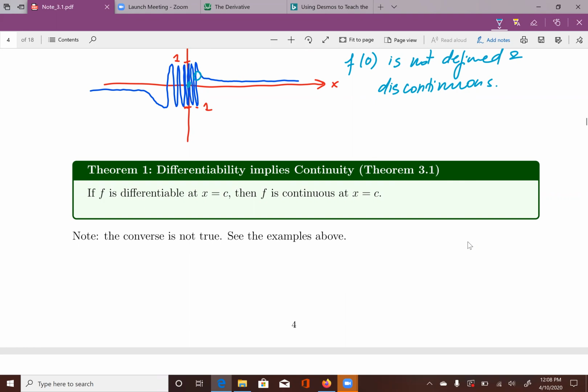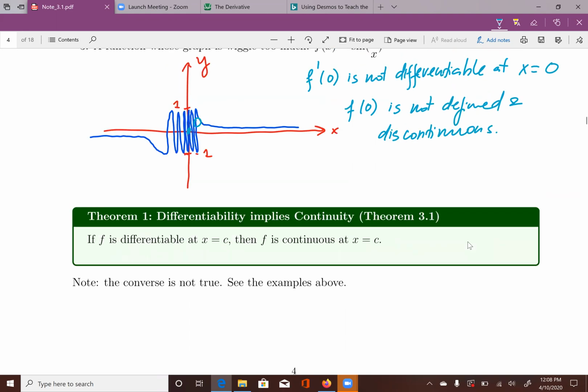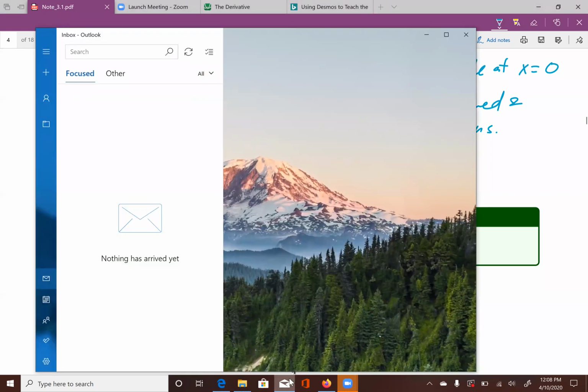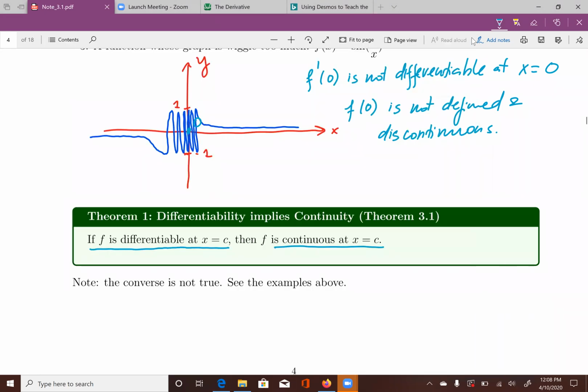That means if a function is differentiable at a point, it implies that the function is continuous at the same point. So if f of x is differentiable when x equals c, it implies that f is continuous when x equals c.